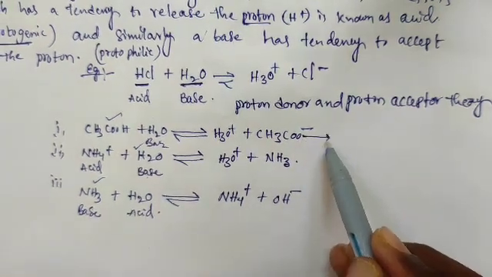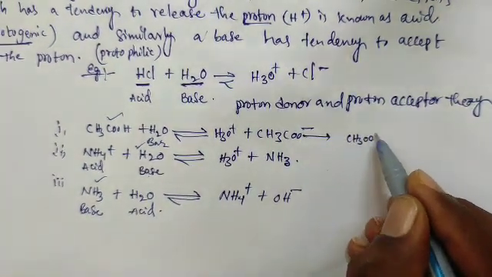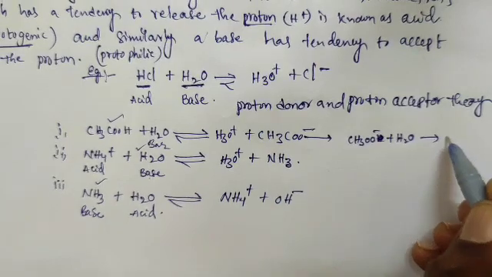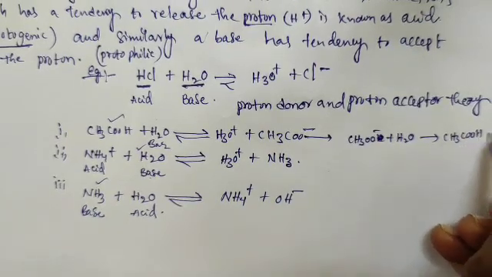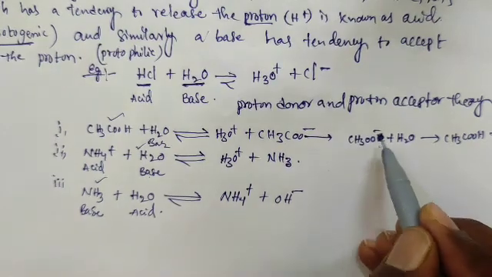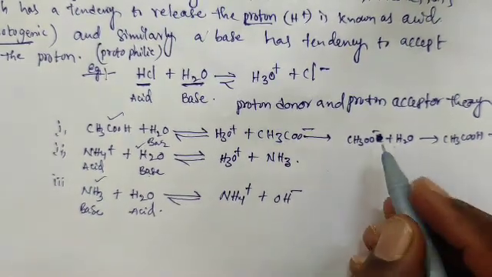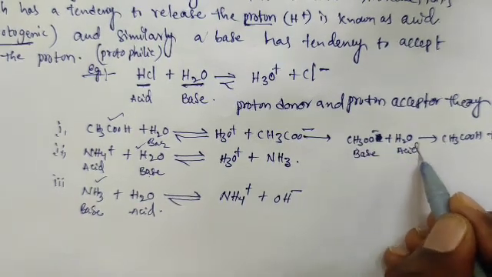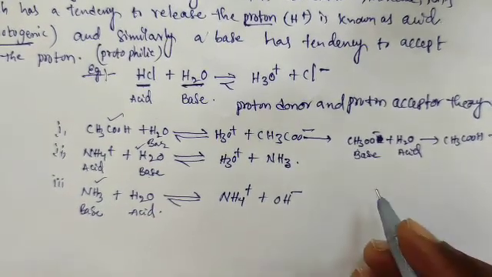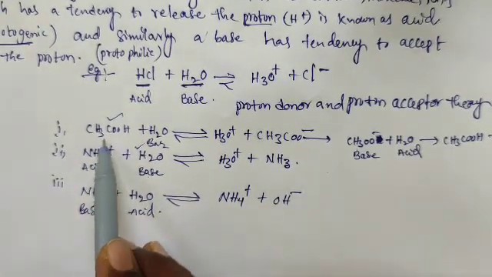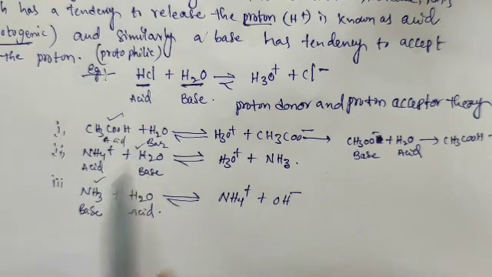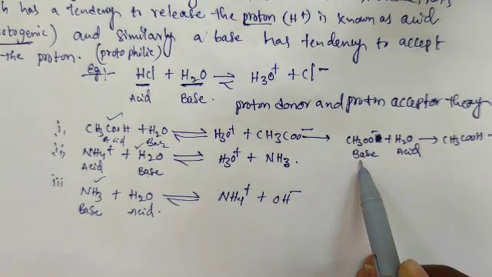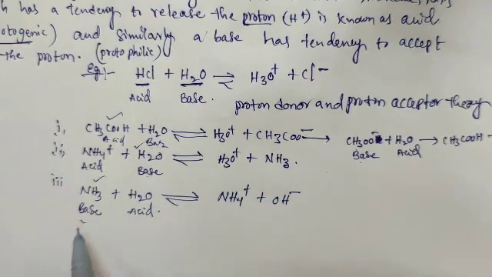This one also we will take: CH3COO minus, we can add to water, and we will get CH3COOH plus OH minus. In this reaction, this is now accepting a proton, so this is now base, this is acid. Same in this reaction, this is acid, this is base. Ammonia, NH3, here is a base.